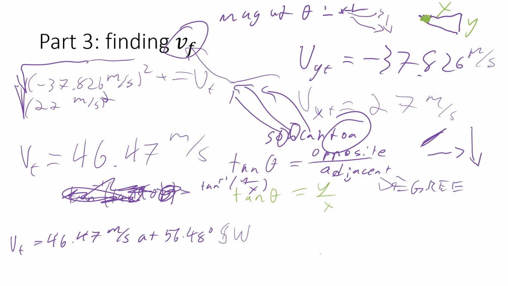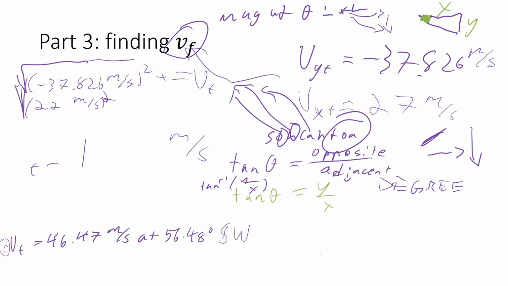So let's just write it out here anyway. So we have the velocity, that's c. Sorry, goodness. Come on, you can erase better than that.